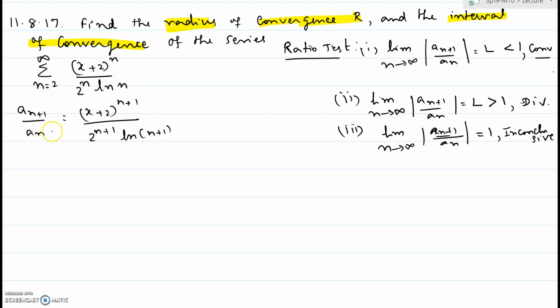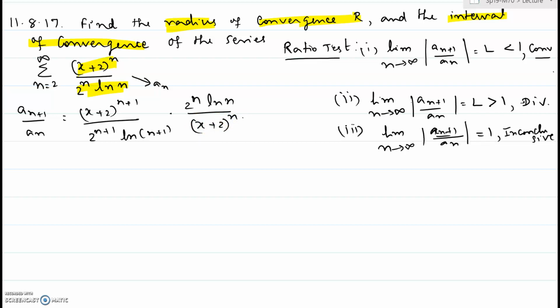Then we have to divide this by a_n, and a_n is just this part. So we have to flip and multiply. So it is going to be 2 to the power n ln n on the numerator divided by (x plus 2) to the power n at the denominator.